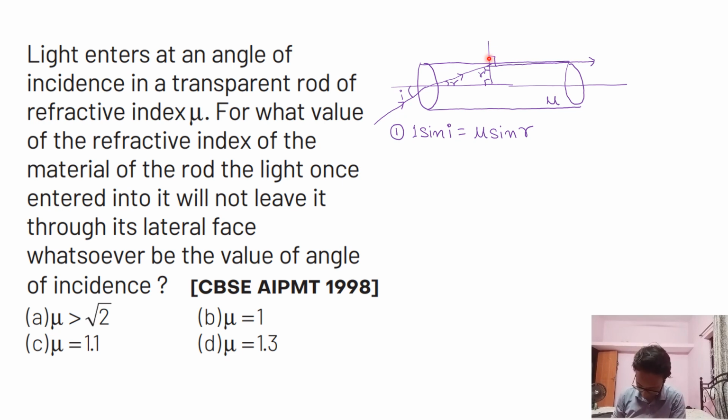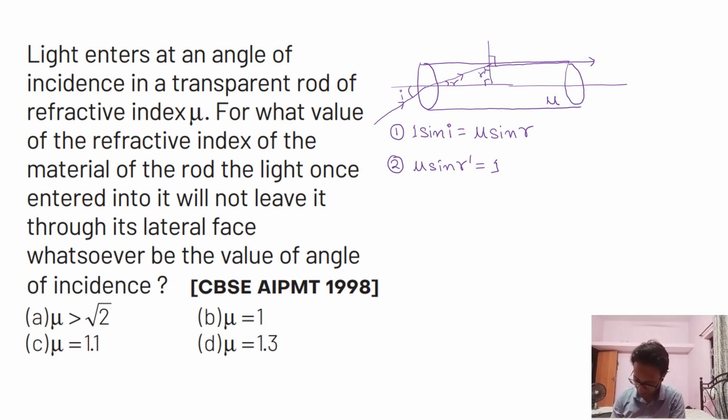From this surface, just at the beginning of total internal reflection, can I say mu of sin r dash is equal to refractive index of air, 1, into sin 90. Sin 90 is also 1.